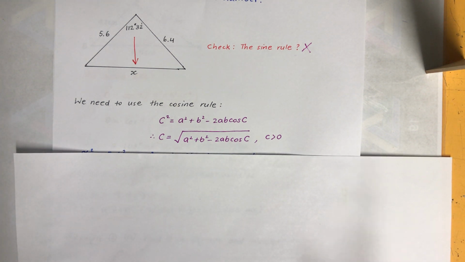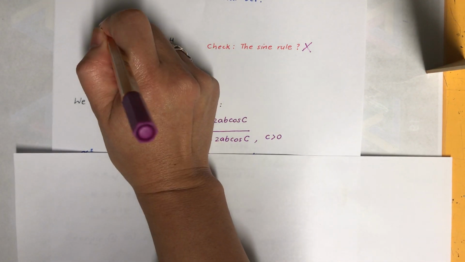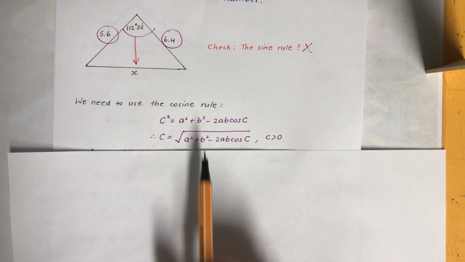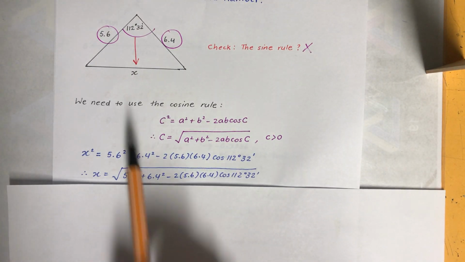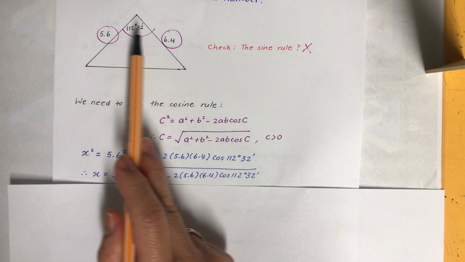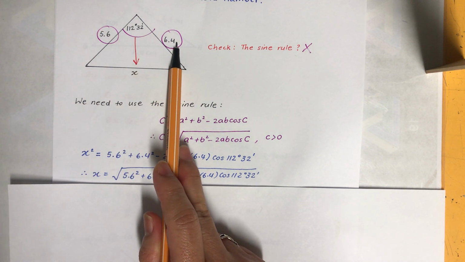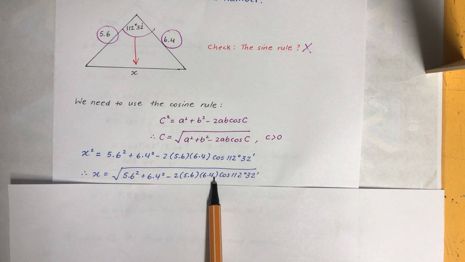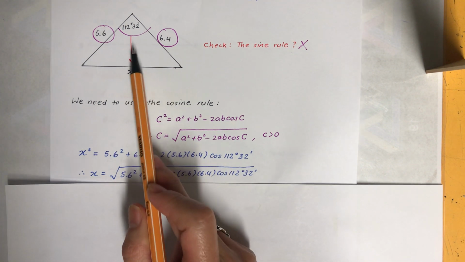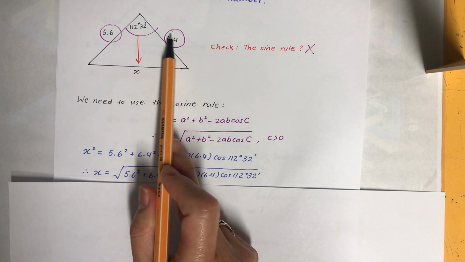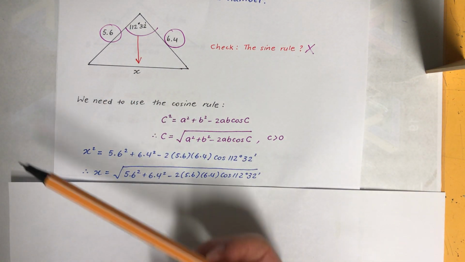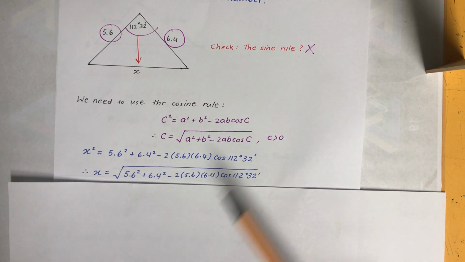Now the A and B are the sides that surround, protecting the angle you have to use. So it'll be 5.6 squared plus 6.4 squared minus 2 times 5.6 times 6.4, and then cos of the angle in between the two sides, 112. It'd be only one angle anyway, so it's the only one you can use.